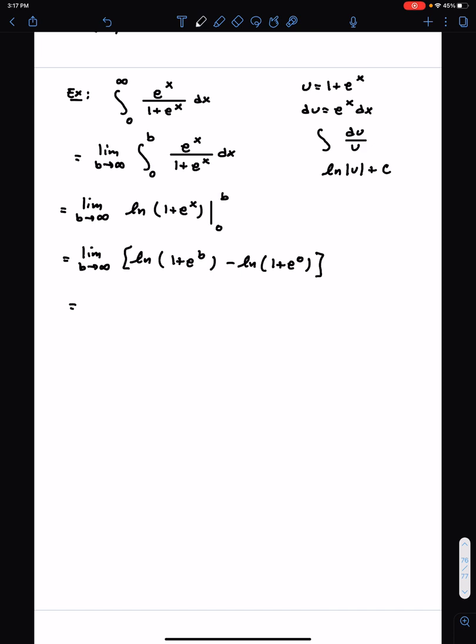Natural log of infinity is some sort of infinity. Minus, e to the 0 is 1, so natural log of 2. Infinity minus natural log of 2 is equal to infinity, which means that this integral diverges, or the integral is divergent.